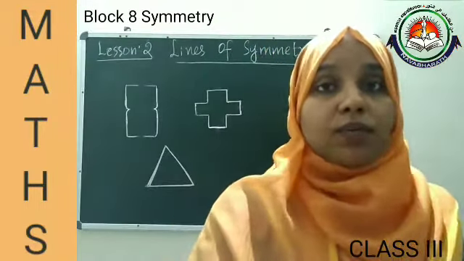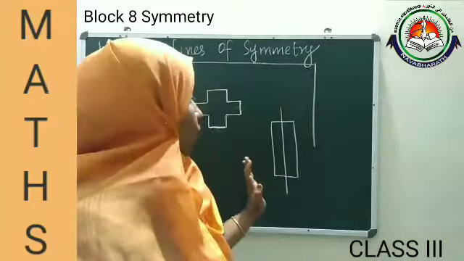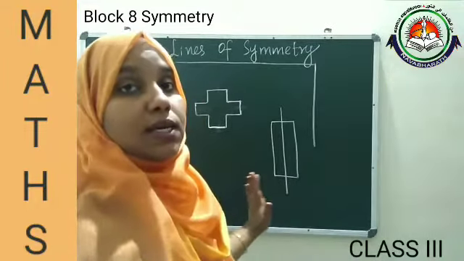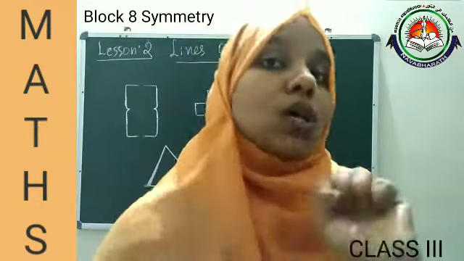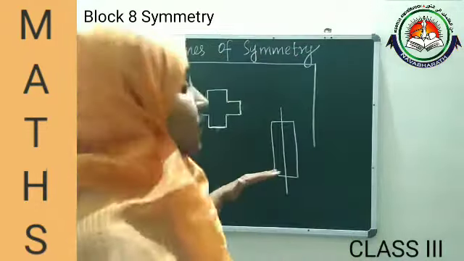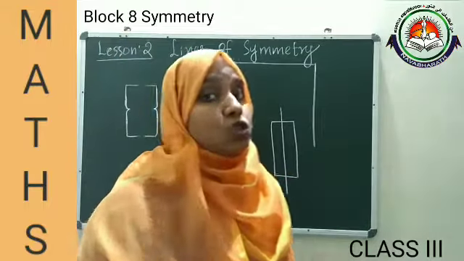We can cut it vertically, like this. So first I am going to cut this door vertically. So we get two identical parts. So the number of lines of symmetry we got is 1. Then what is the next way to cut this door?